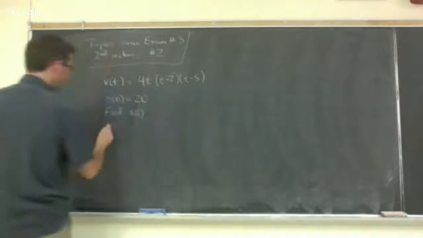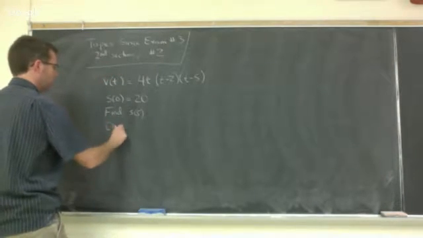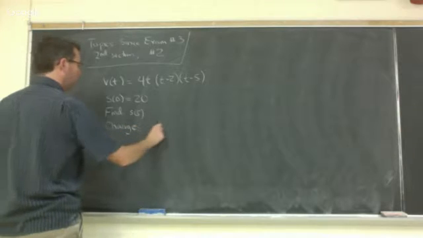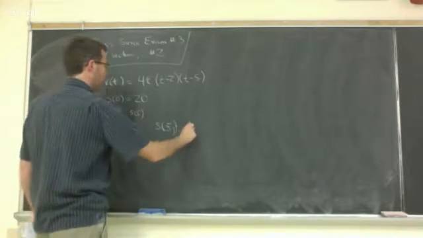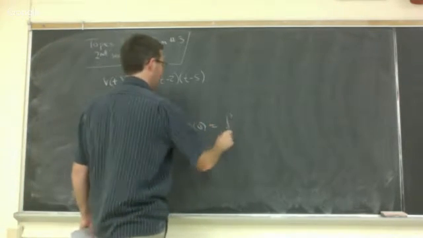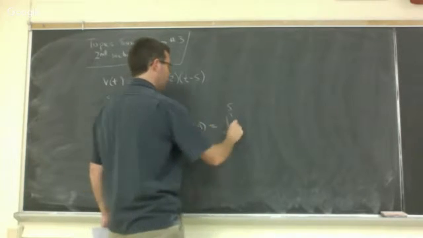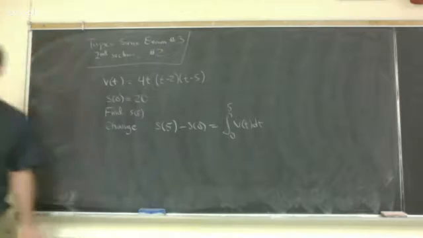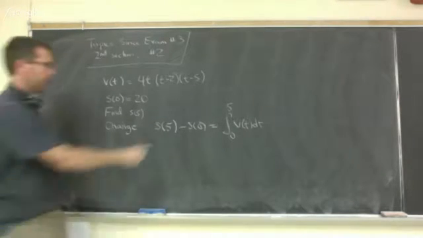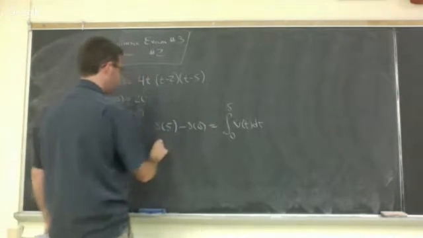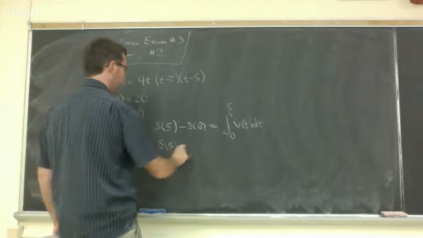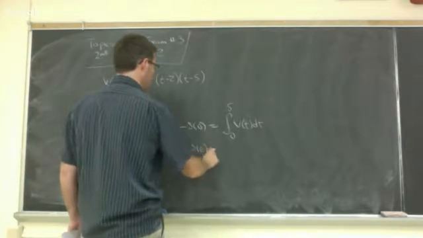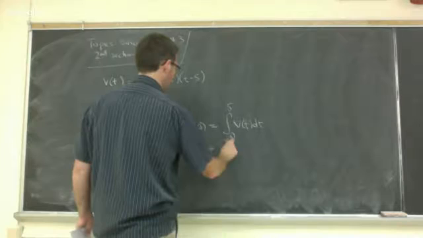The change in position, S of 5 minus S of 0, is the integral from 0 to 5 of my velocity. In fact, I can add S of 0 to the other side. S of 5 is equal to where I start plus the integral from 0 to 5 of my velocity.